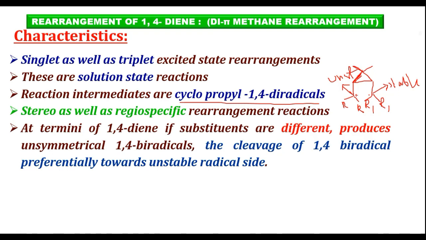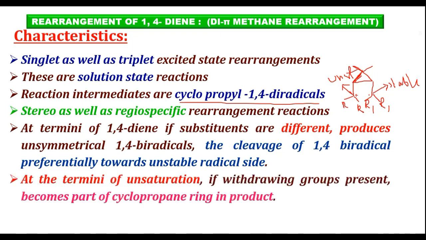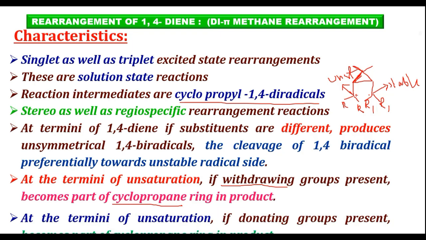At the termini of unsaturation, if electron withdrawing groups are present in the reactant, then in the final product these withdrawing groups will be present on the cyclopropane ring. If electron donating groups are present, then these donating groups are going to be present on the unsaturation.